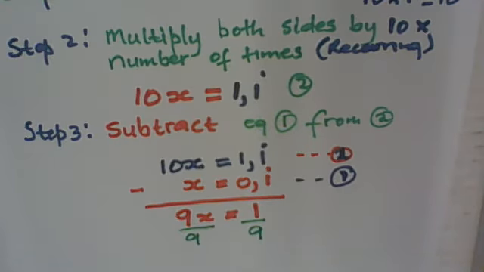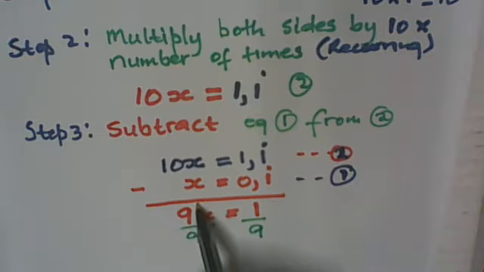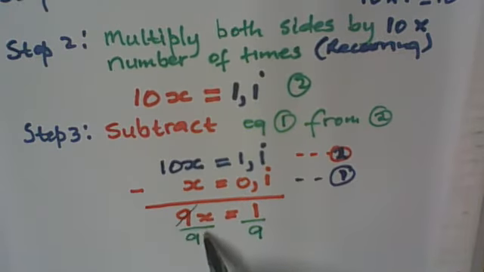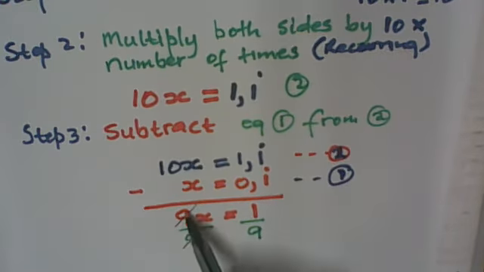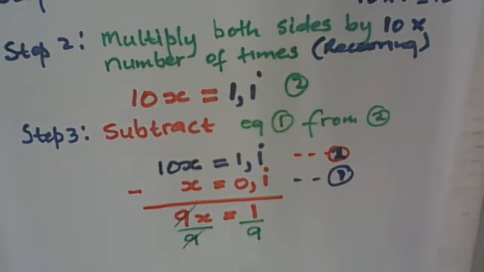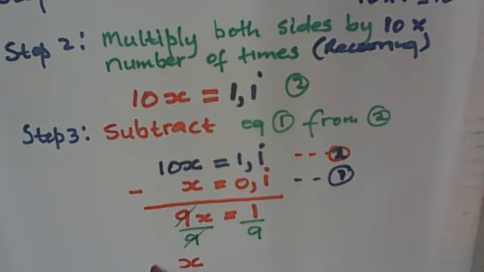And then something beautiful happens. 9 cancels 9. If you divide 9 by 9, you get 1. 1 times x gives you x. The final answer is x.